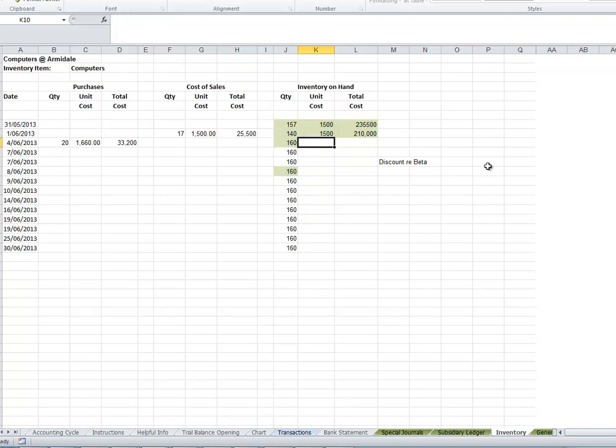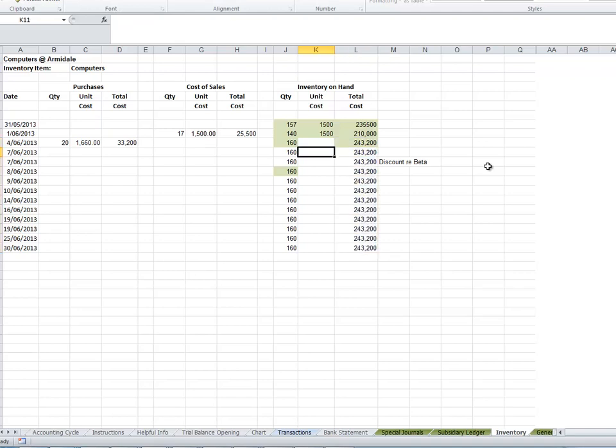Then we need to do the same here. Is the opening cost plus any purchases minus any sales, and we get the total there. And again, I drag that down there, go Control D, and that amount all the way down.